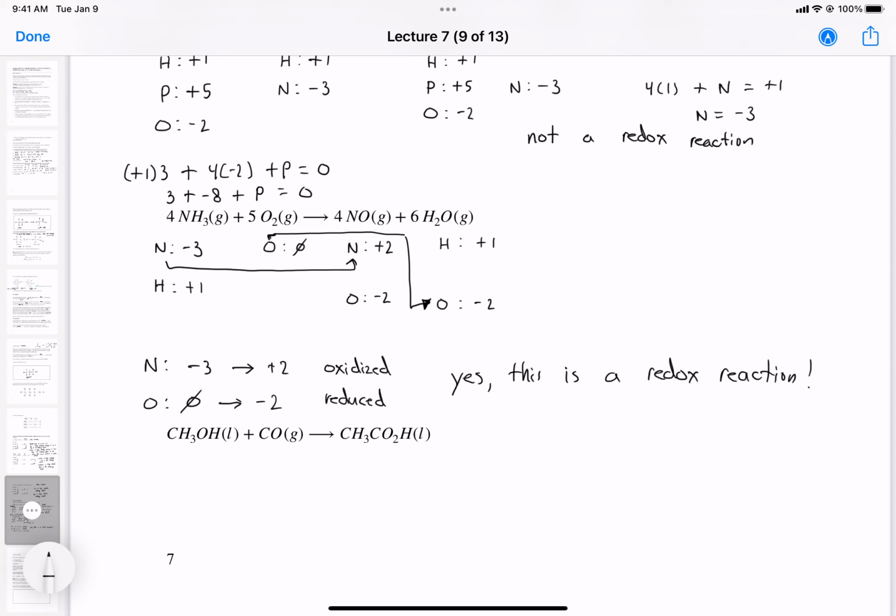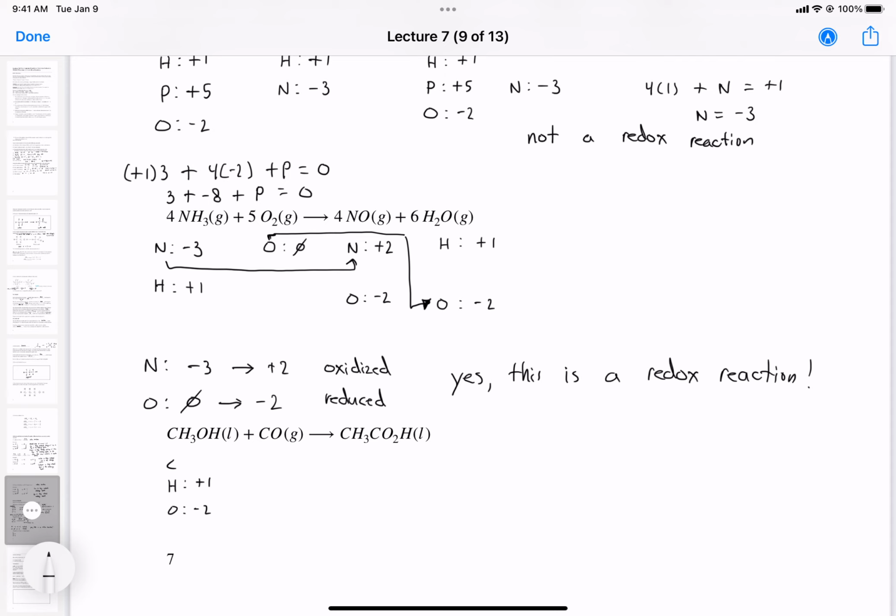Okay, so for methanol, let's go see here. So for carbon, hydrogen, oxygen. So remember, we need to first think about the oxidation states here. Okay, so if we know hydrogen is +1, right? And then oxygen should be -2.